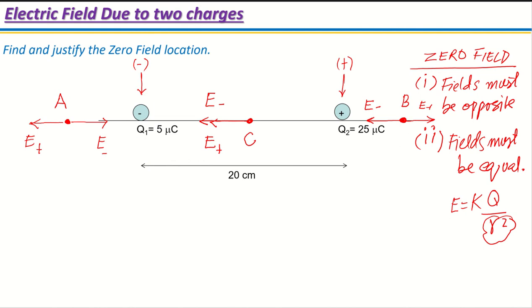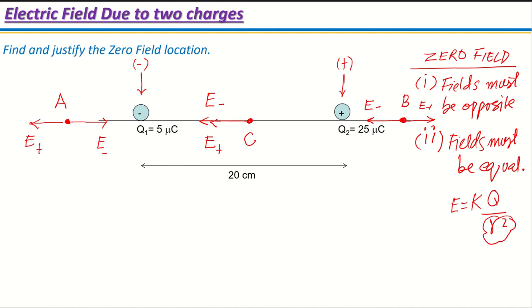When they are not at the same distance anyway, due to q2 being a stronger charge, the electric field is stronger. But because point B is closer to the stronger charge, the electric field of q1 is already weaker because of the smaller charge, and when we go further away from it, it gets weaker still.